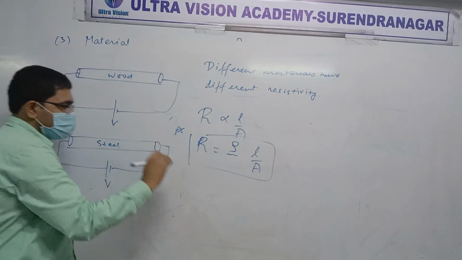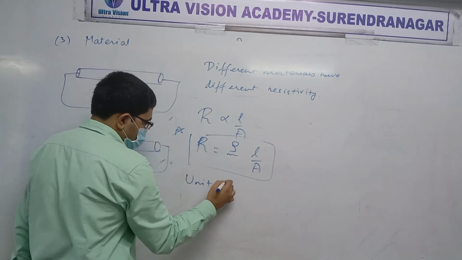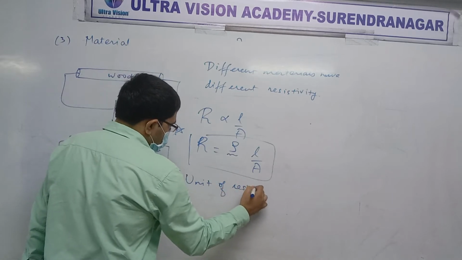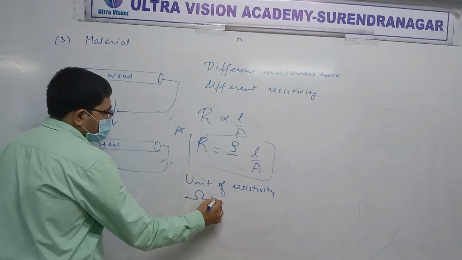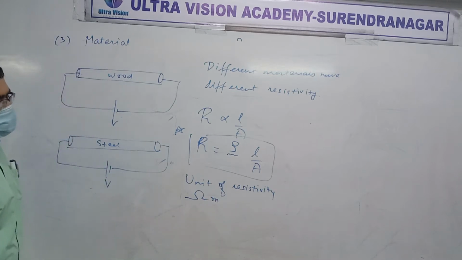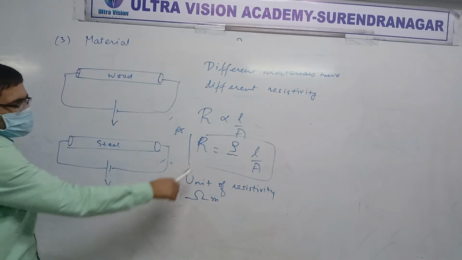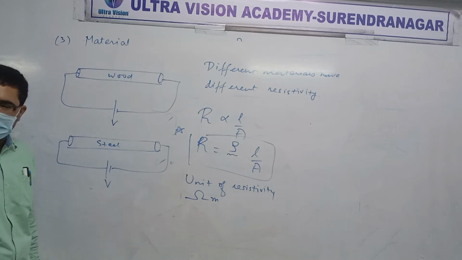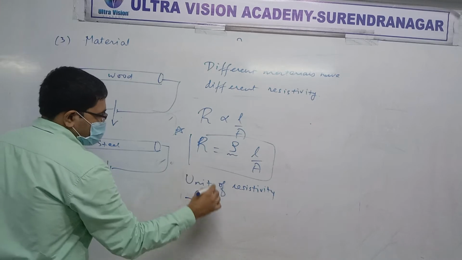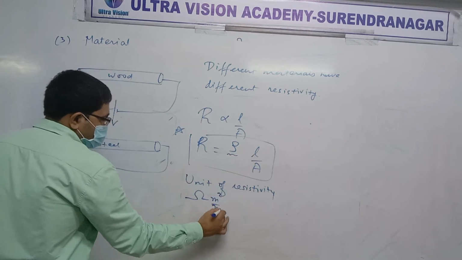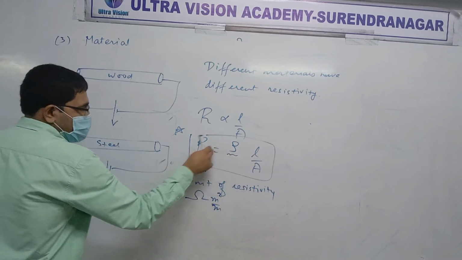Anyway, the unit of resistivity will be ohm meter. Yes or no? Resistance unit is ohm. Everyone knows that, no doubt about it. Fine. Ohm, and then area, so meter square upon length meter. Did you understand? Area upon length.